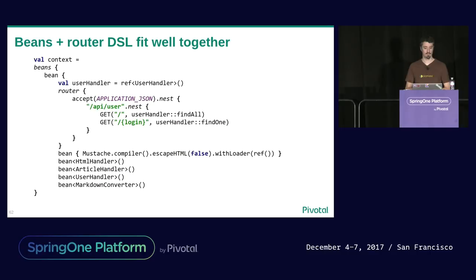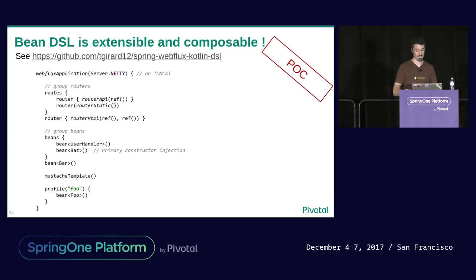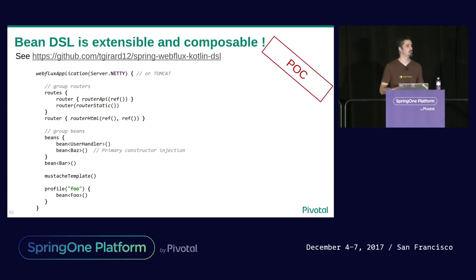You can also provide the implementation yourself, like with the mustache bean. This is a POC, a proof of concept done by somebody from the community, so nothing related to us. But I think it showed an interesting thing. This bean DSL is extensible and composable. So somebody has created a DSL that allows running a standalone WebFlux application. In this case, we don't use Boot.